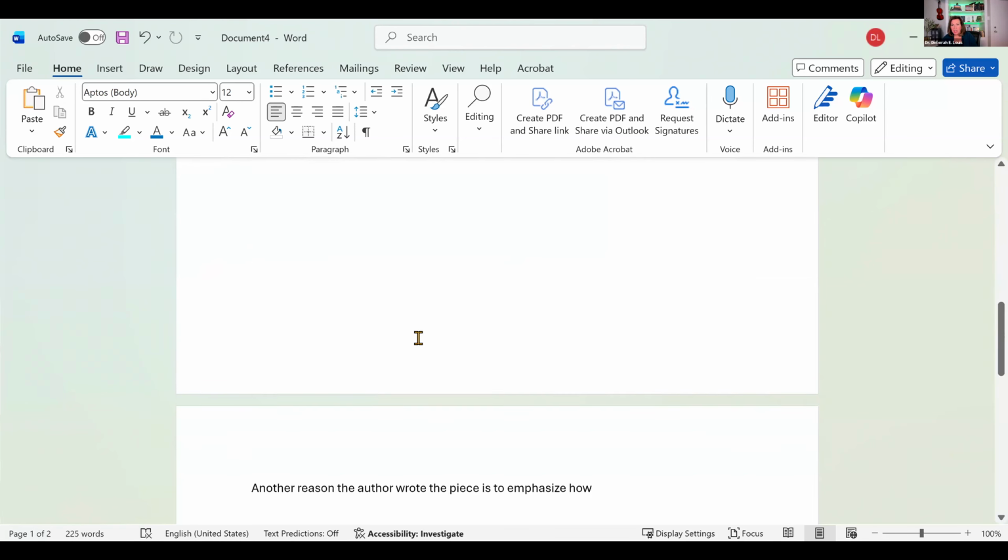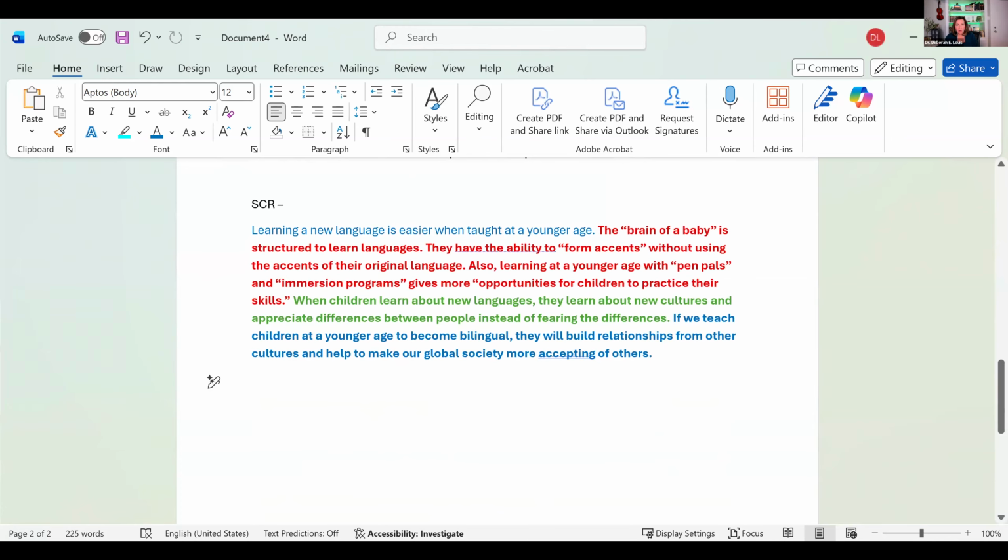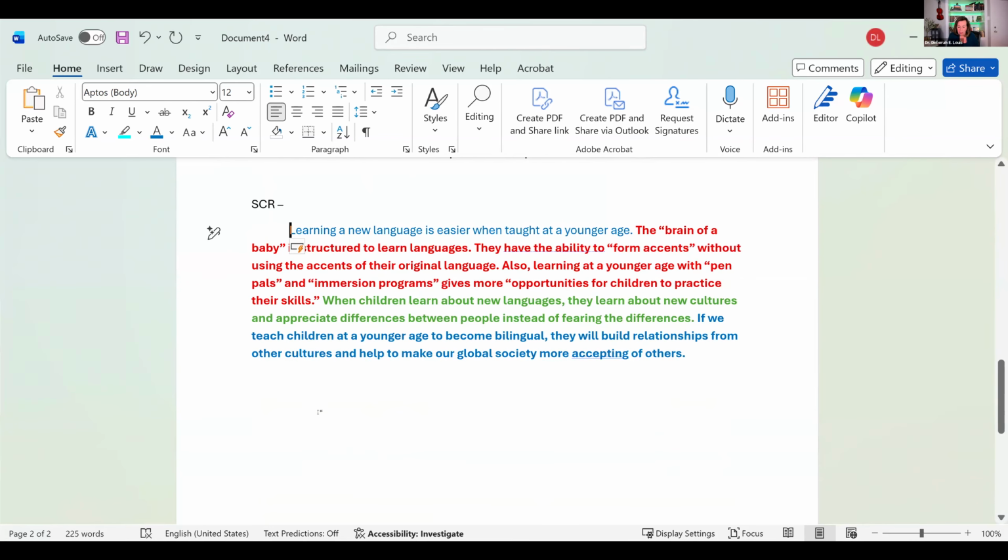And then down here for my conclusion, if it's an essay, we have to indent.